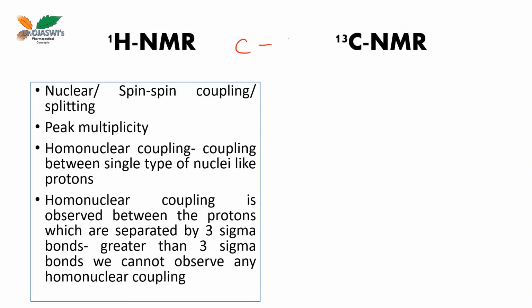That means, if I have this hydrogen, these two hydrogens are present on adjacent carbons, so they can couple with each other, they can split each other's signal by the n+1 rule. This we have studied earlier in detail. Please go through those videos if you are unable to recollect. So 3 sigma bonds, 1 2 3.